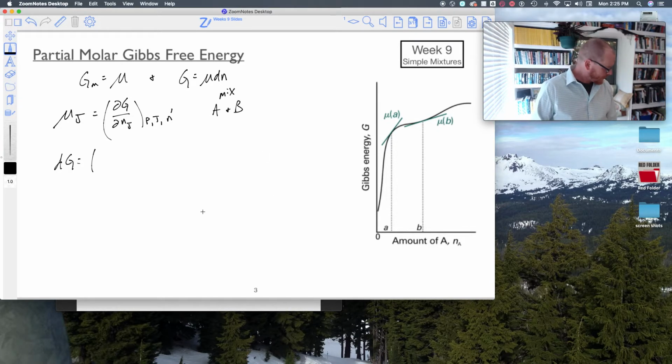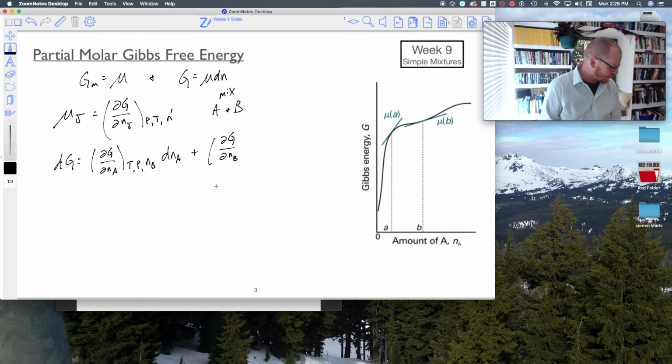Mix A and B. Then I'm going to have the partial free energy of A, which is the chemical potential of A, at constant T, constant P, and constant NB, times dNA, and then the partial of G by partial moles of B, so the chemical potential of B, at constant T, constant P, and constant NA, times dNB.